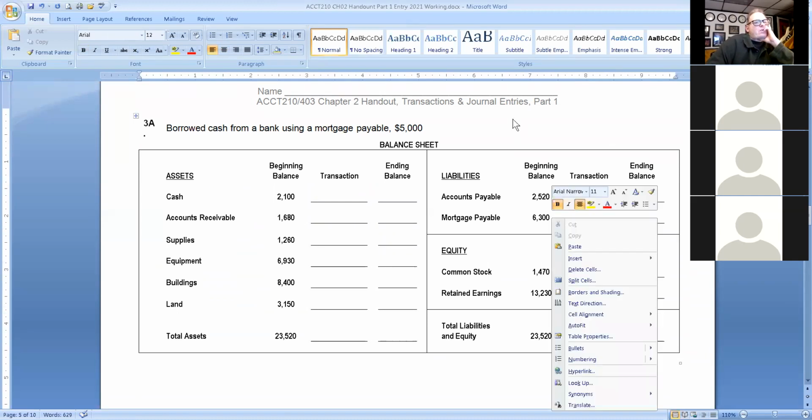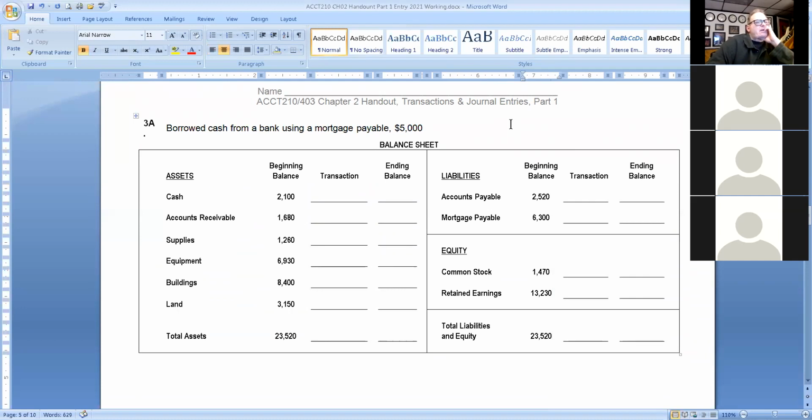So what accounts do we need? Would it still just be mortgage payable goes up 5,000? Yep. So mortgage payable goes up by 5,000. We borrowed, we owe 5,000 more.